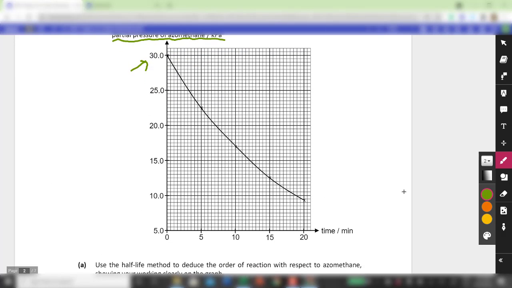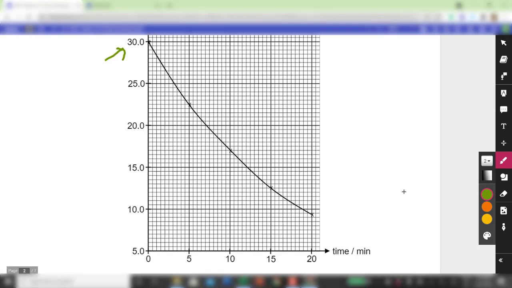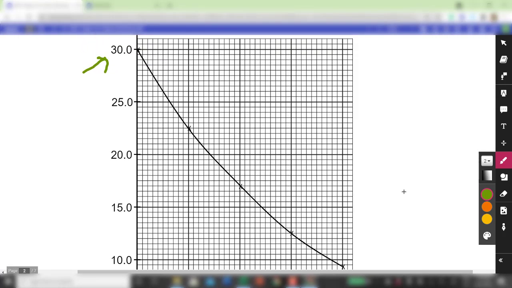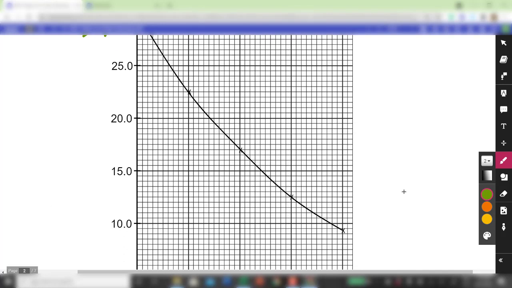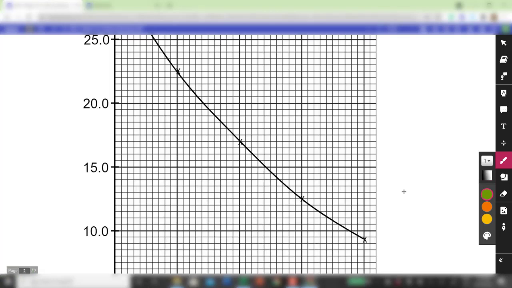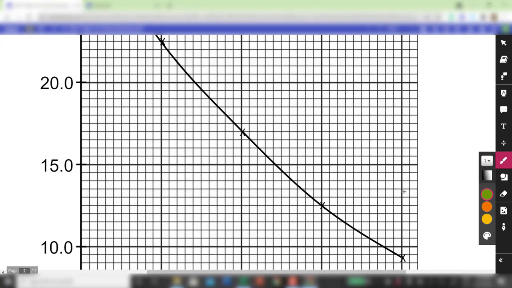The first thing we can do is maybe zoom in a little bit. We have 30 here, so we probably look at 15. So 15 is around here, this particular coordinate.